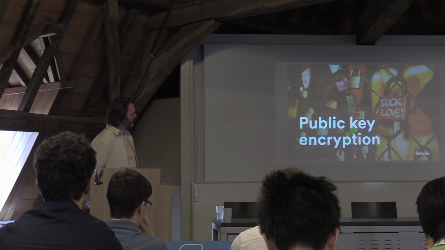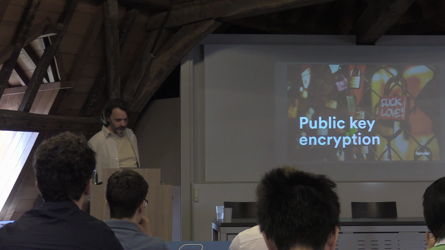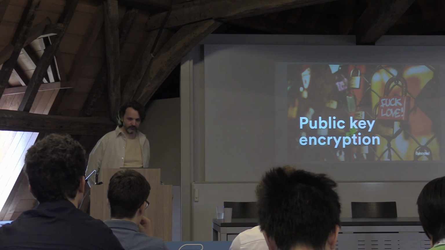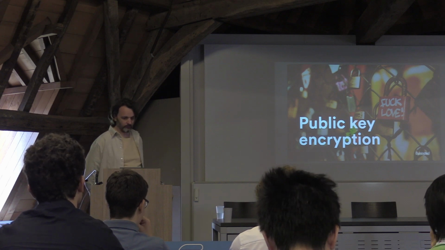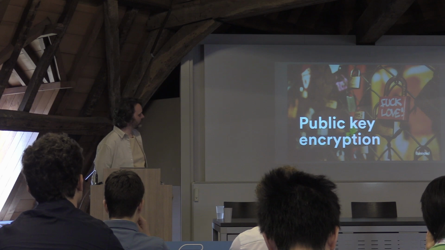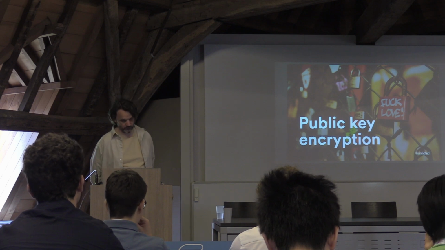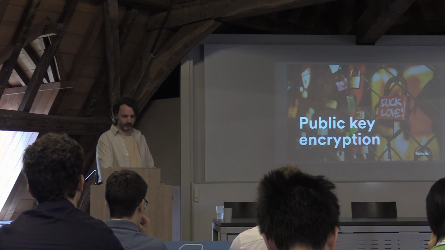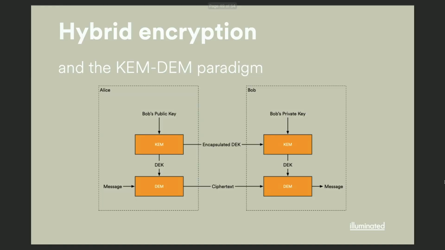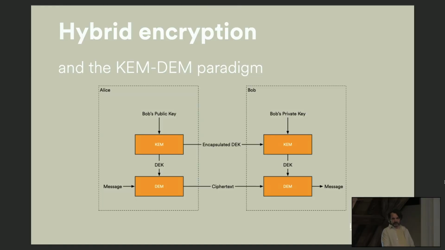So moving on from JSON Web Tokens, we're now going to look at a couple more little bits left in the Tink library. One of the things it does support is public key encryption, even though it doesn't support it for JWTs, it supports it for general purposes. And the way you do public key encryption is not just the same as symmetric key encryption where you just encrypt something and decrypt something.